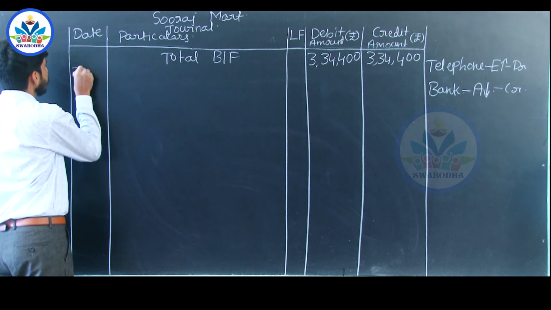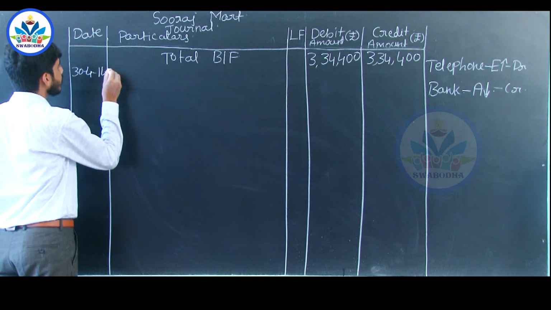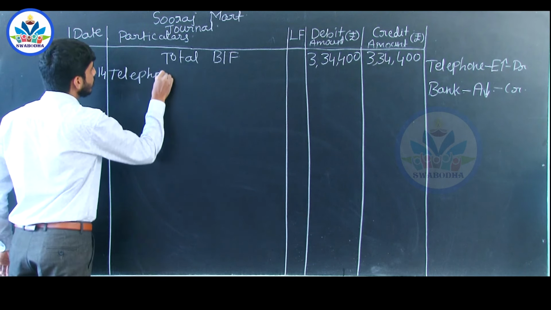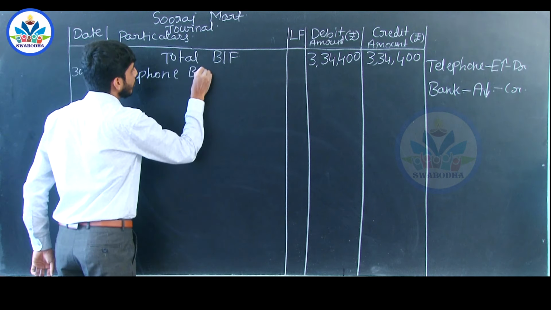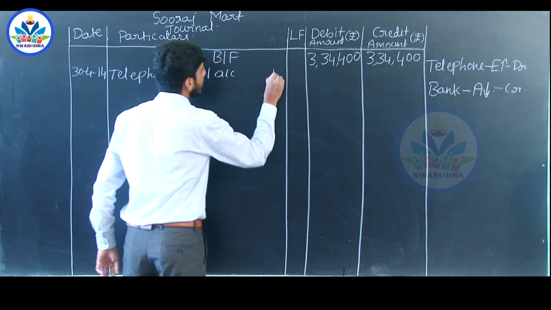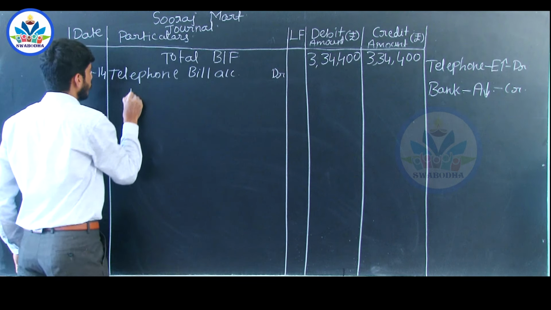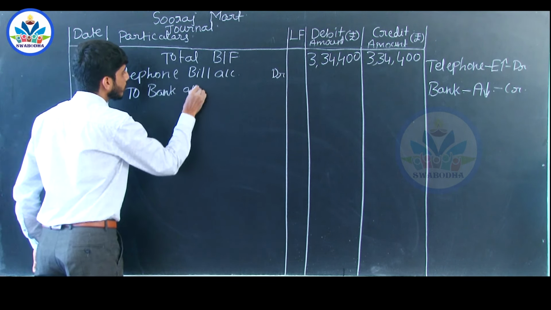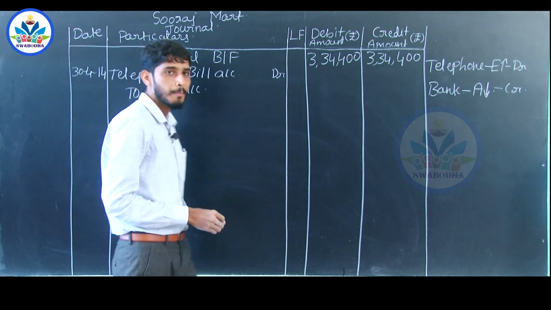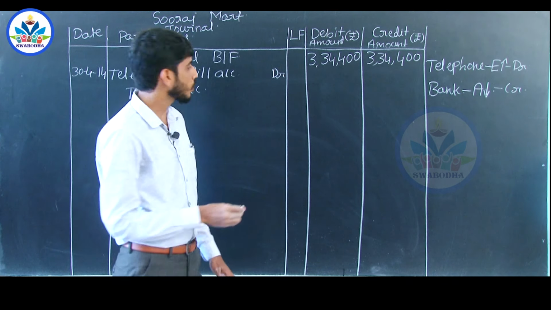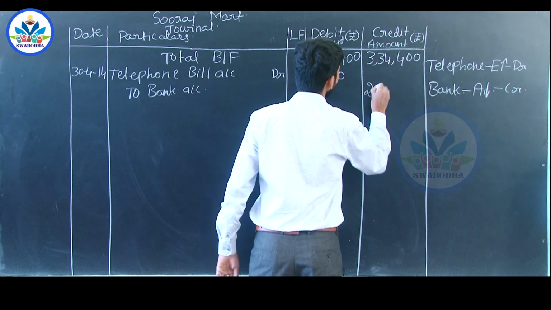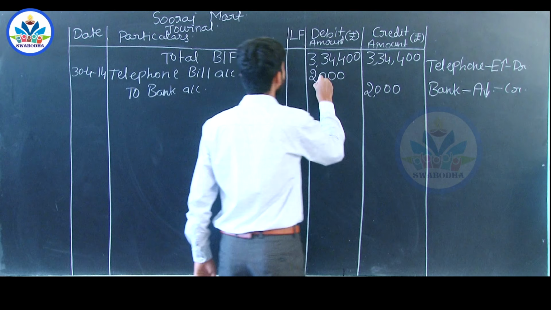So, 30/4/2014, telephone bill account debited to bank account. The amount paid is 2000.